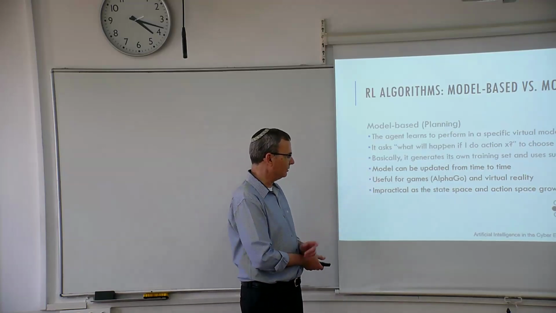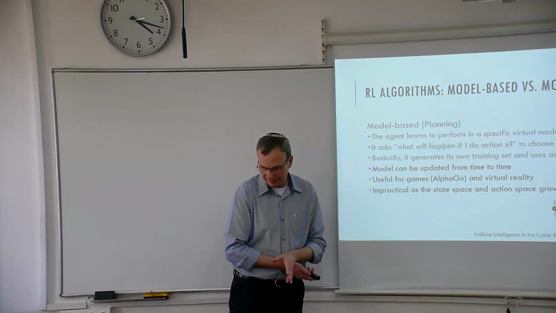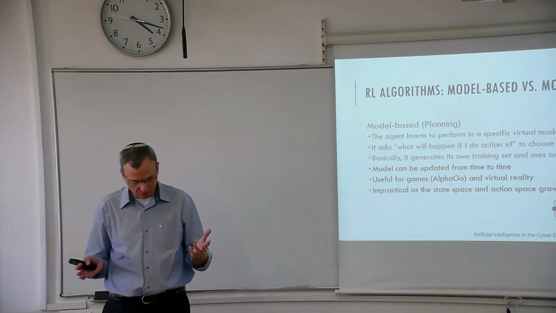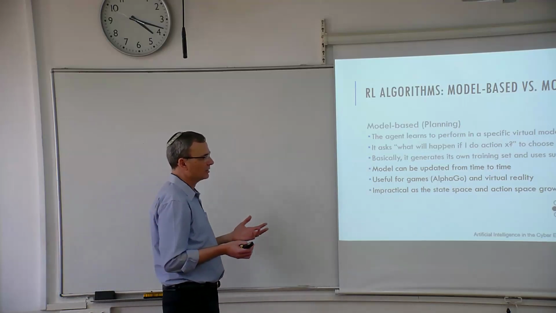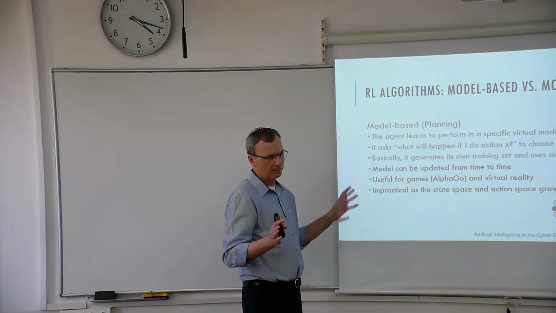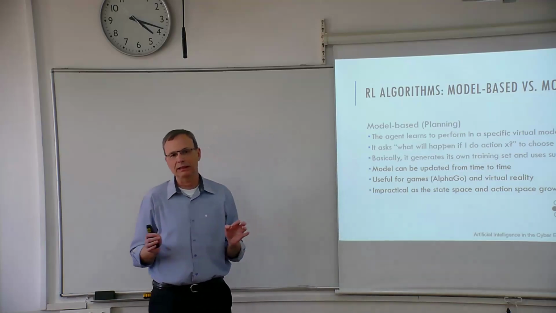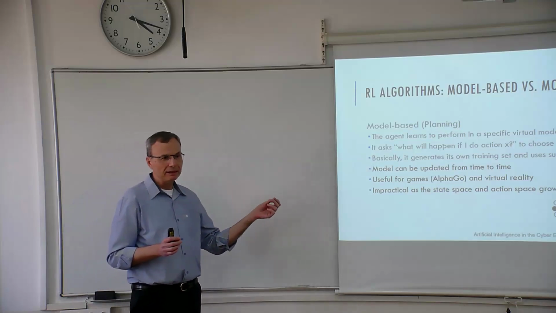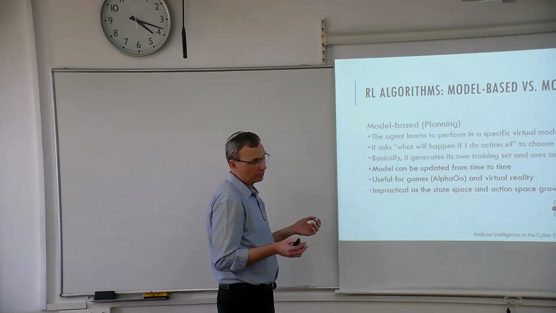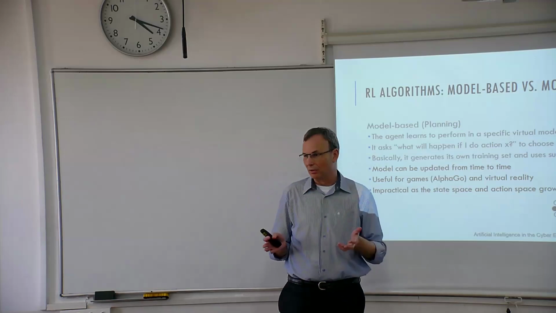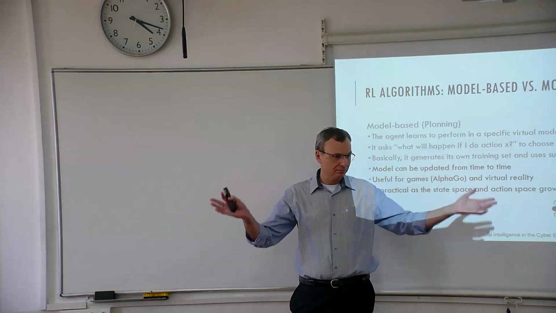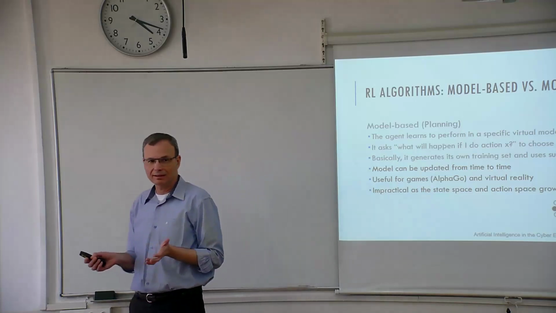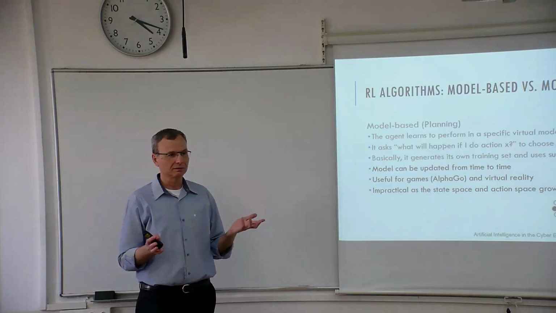However, this method is impractical in the real world. Why? Because if you had some kind of a simulation, let's speak about an autonomous car. In order to apply this method, and if we wish, of course, that the car will be able to drive anywhere in the world, we need a simulation of the whole world.